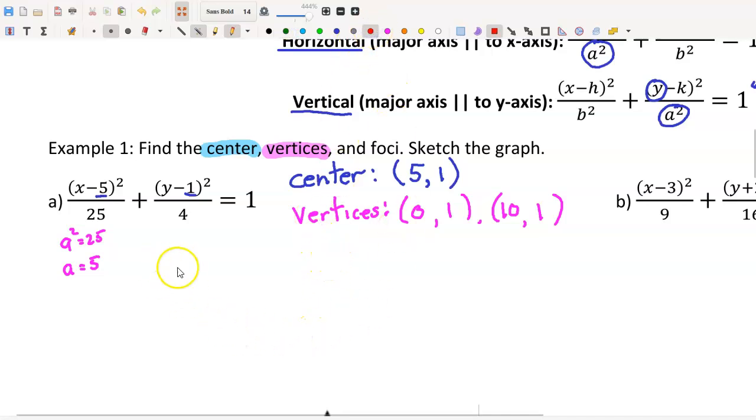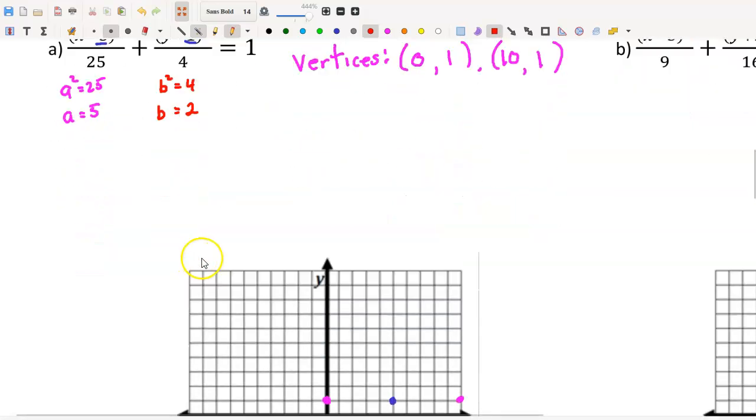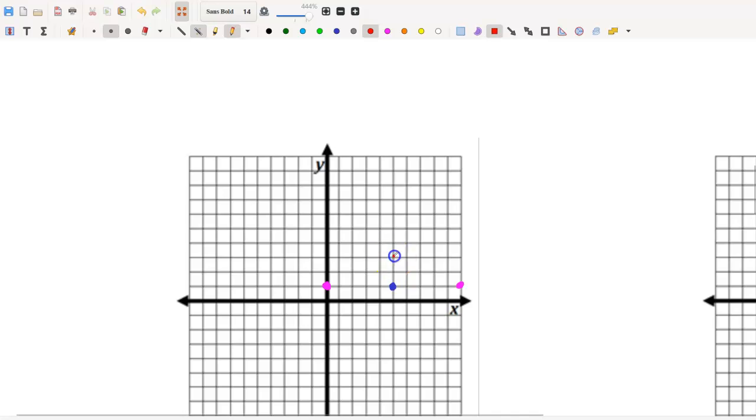And we can go ahead and just graph the minor axis as well. It's not on here, but to finish the graph, we need that. So minor axis, the smaller of these 2 numbers. Since b squared is 4, b is 2. So we're going to go up and down 2 from the center. We don't need to record these points.